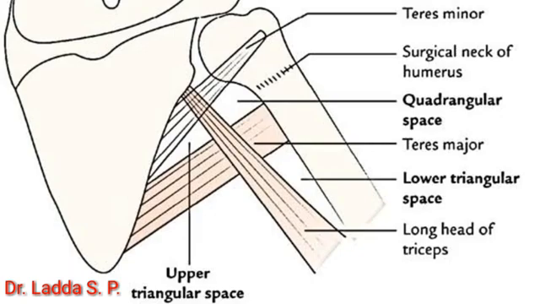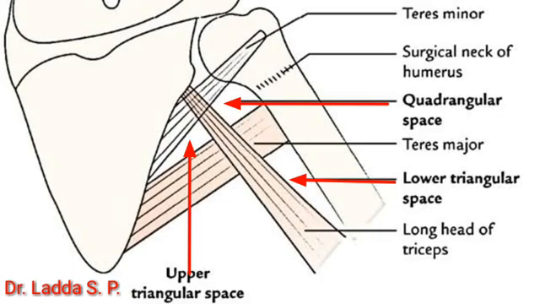If you look carefully, between teres minor, teres major, and the long head there are two spaces: one is the quadrangular space and the second is the upper triangular space. And at the lower part, there is a space between teres major and the triceps. No doubt the bone humerus is playing a role there.